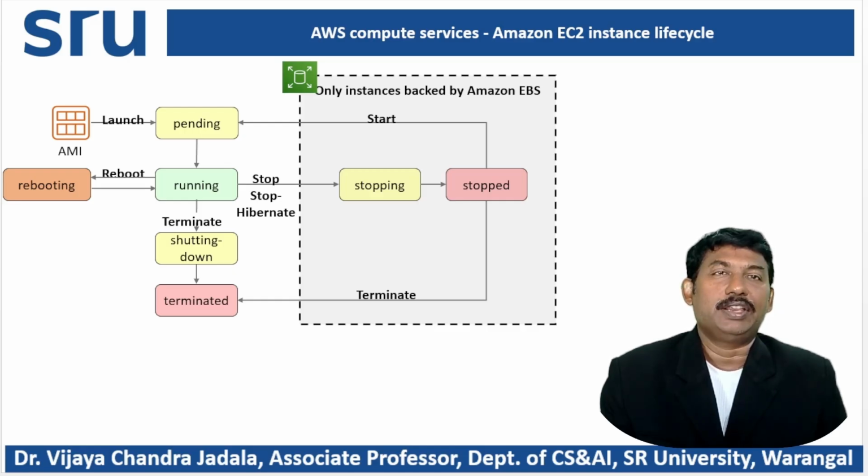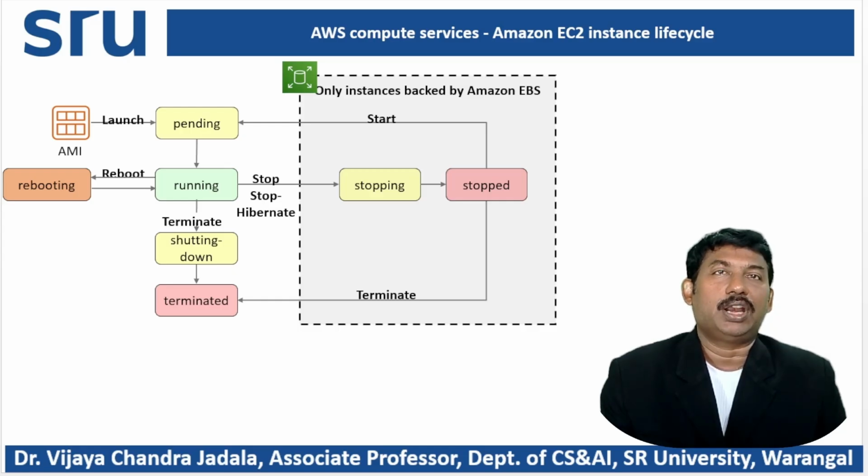There will be three states: red, where it is totally in a closed, shutdown or terminated state; yellow, where it is in a pending state; and green, where it is active. So the instances can be in pending state, running state, shutting down state, or terminated state.